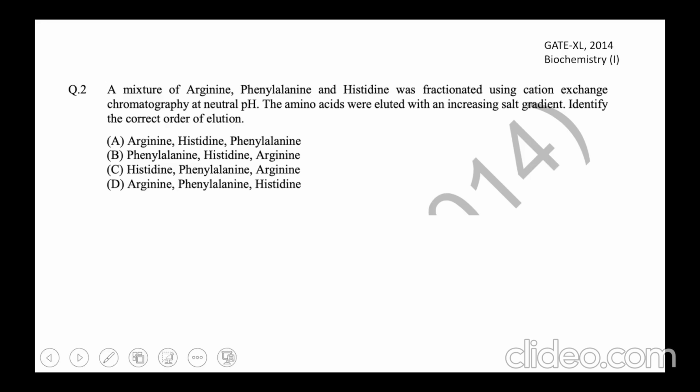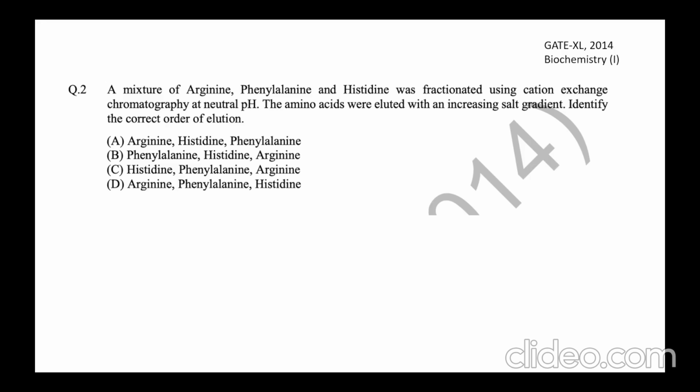Before talking about this, let's first discuss the basic chromatography techniques. All the amino acids form a polypeptide. These polypeptides form primary, secondary, tertiary, and quaternary structure and go through a process called protein folding.